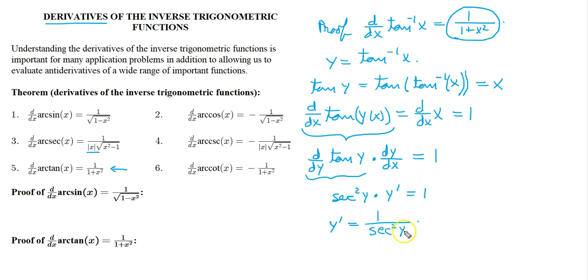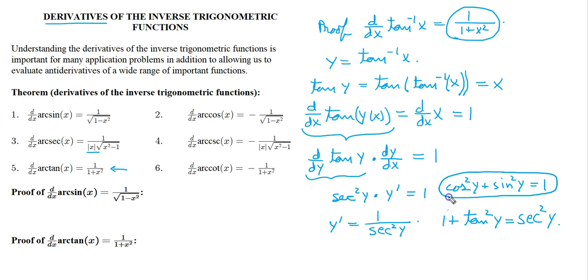So now what we're going to do is use a trig identity. Recall this trig identity. That actually comes from this trig identity. You should recall this famous trig identity.